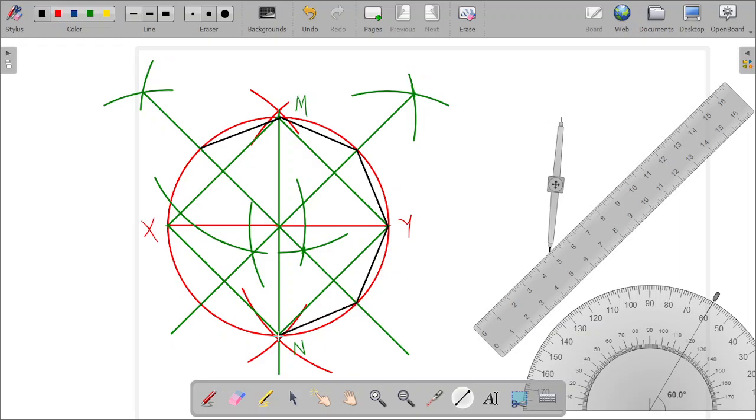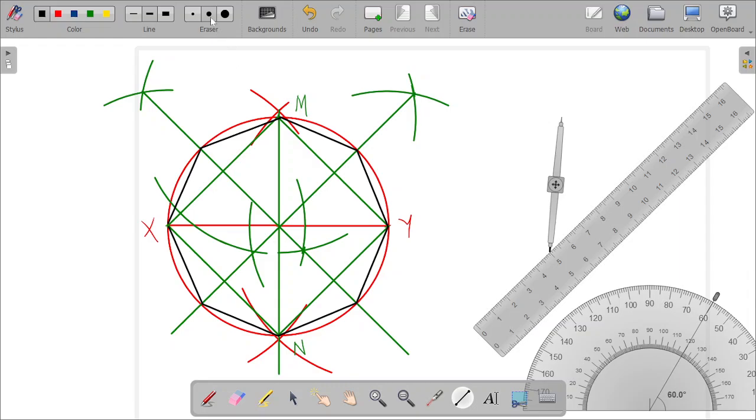This is five, six, seven, and eight. Now you can see the black octagon round. So that is the inscribed octagon in this circle, while the square is still there. It's right there. So that's how you inscribe an octagon in a circle.